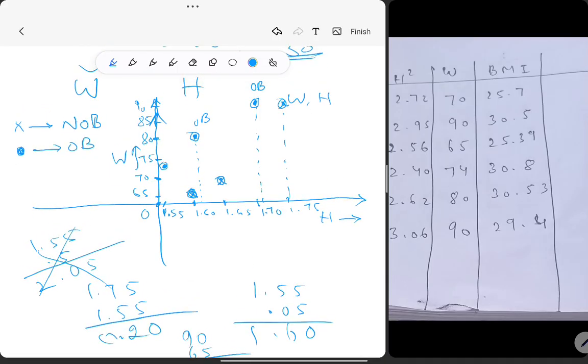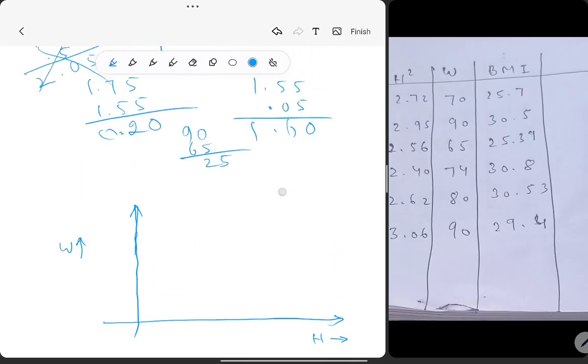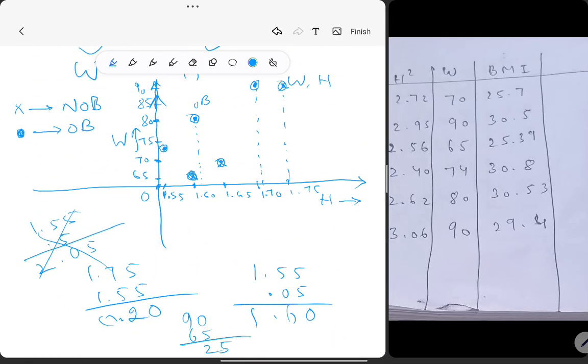Let me redraw this figure here so you can see it clearly. It is weight on this side, height on this side, and then we have points. First, let's take this point.